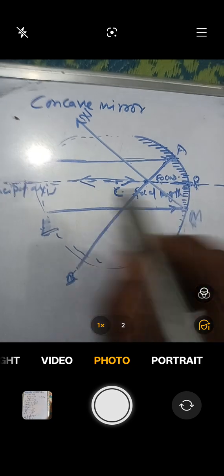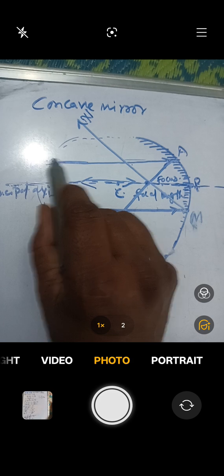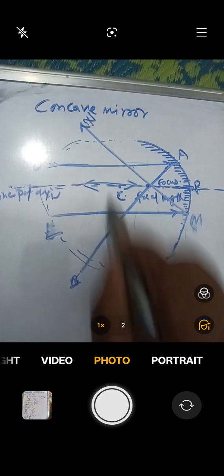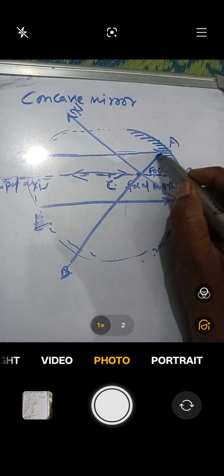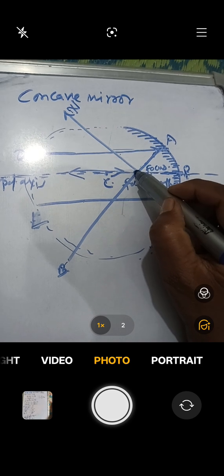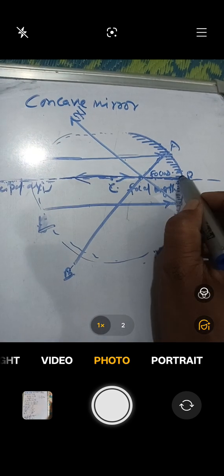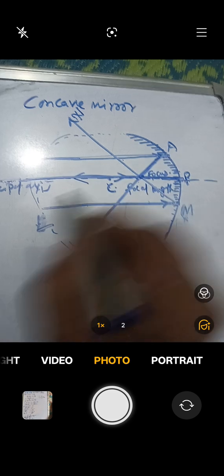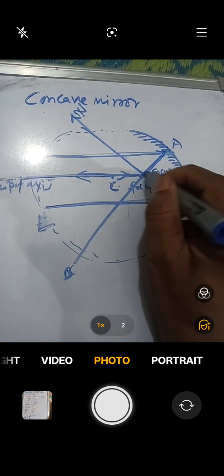So in a concave mirror, all the incident rays that fall on the mirror parallel to one another pass through a common point after reflection. This ray reflected back the same way, this ray reflected back through the same point, and this ray too.